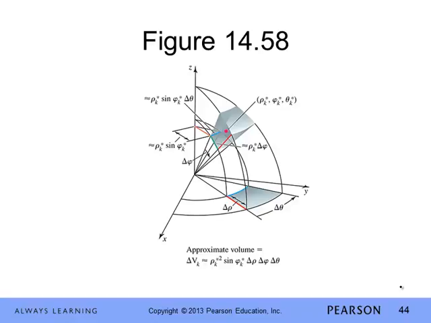And then together with your d rho, right there, that's why you get your rho squared sine phi d rho d phi d theta. We'll see a more intuitive way when we do our conversion of coordinate systems when we get back together on Thursday, instead of the geometric argument.